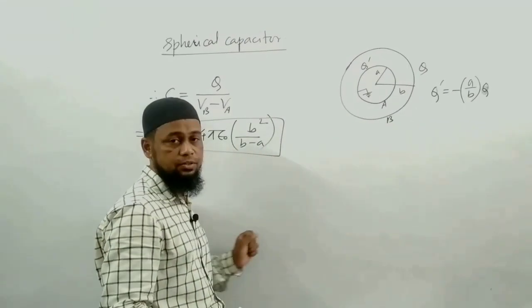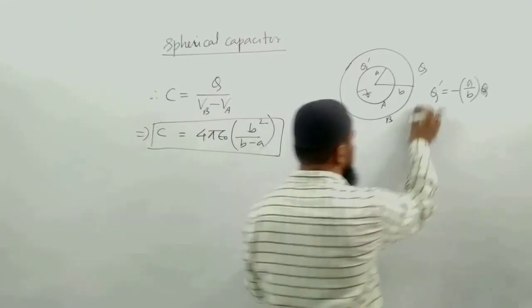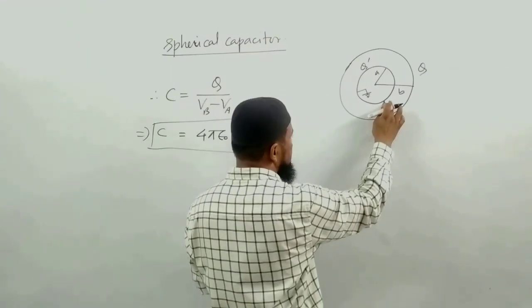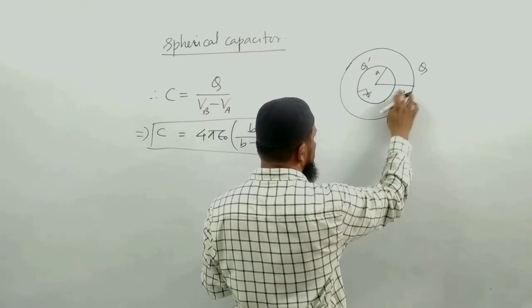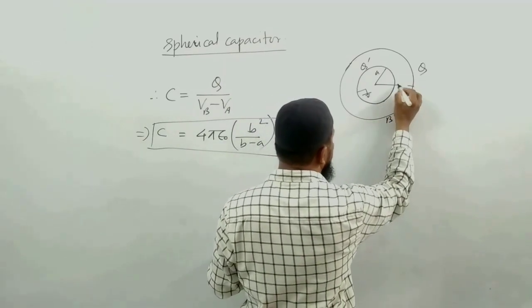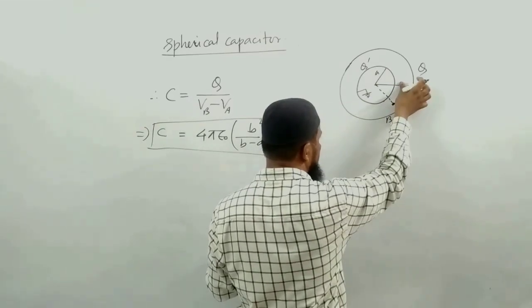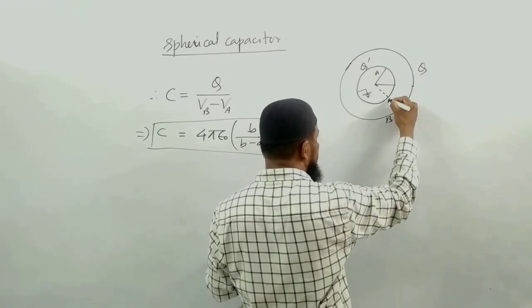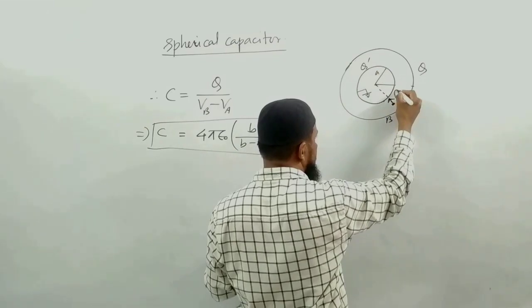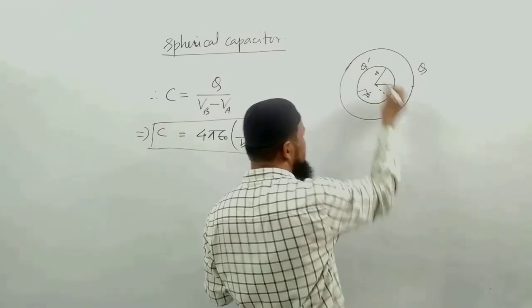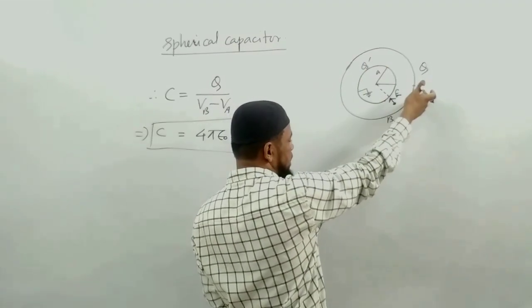Now, how to find capacitance using the idea of electric field, as has been discussed in the previous case. So for it, what do you do? You consider a point here. At this point, you find out the electric field. Electric field will be inward. Why? Because this Q dash is negative.